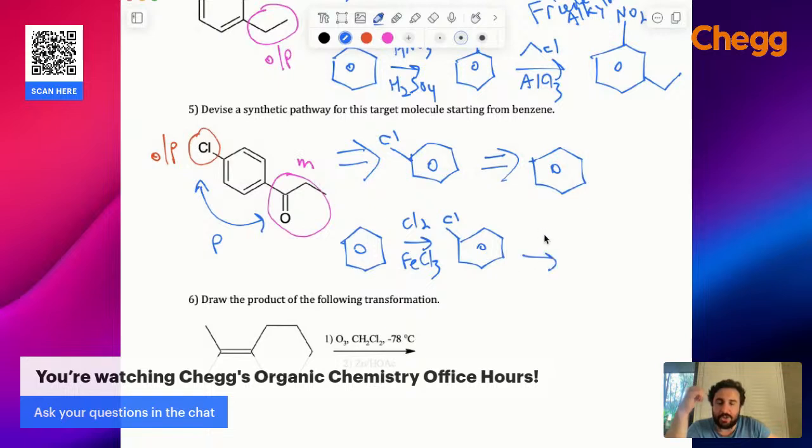And then we're going to do Friedel-Crafts acylation. So Friedel-Crafts acylation is this acyl chloride, again with aluminum trichloride catalyst, and that will give us a mixture of ortho and para, which we can then separate chromatographically.